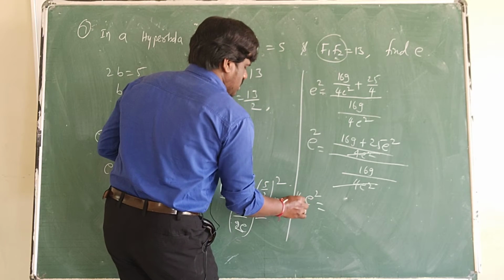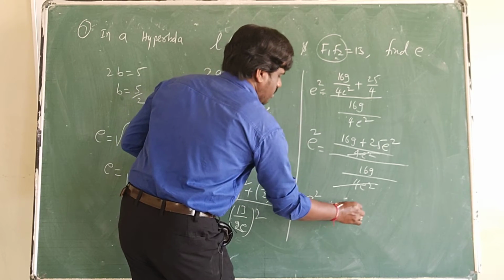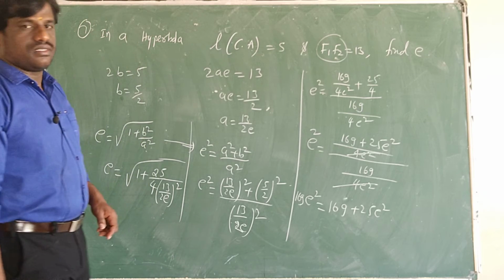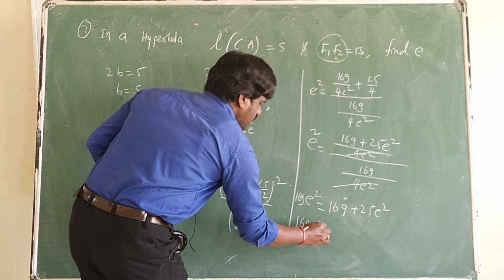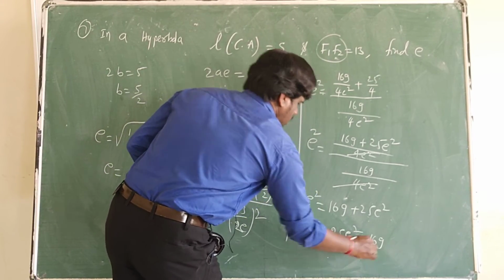169 E square. By cross multiplication, 169 E square is equal to 169 plus 25 E square. Subtract, then you get the answer. 169 E square minus 25 E square is equal to 169.